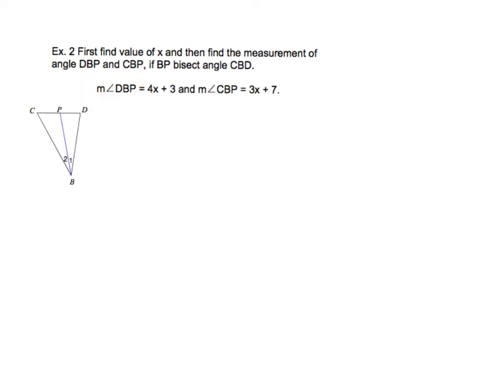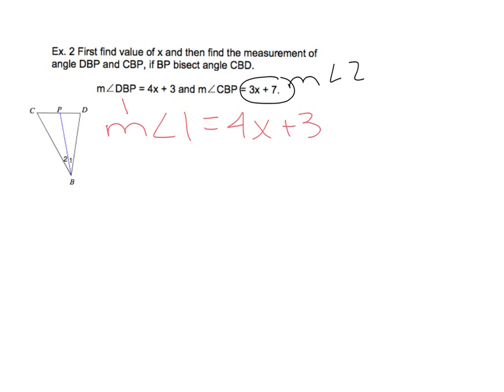Okay, so they're telling us that angle DBP, I know I'm so sorry for saying all these letters, is 4x plus 3. So let me shorthand this for you guys. So the measurement of angle 1, which is this angle here, is equal to 4x plus 3. And then they're telling you that CBP, which is actually the measurement of angle 2, is this.